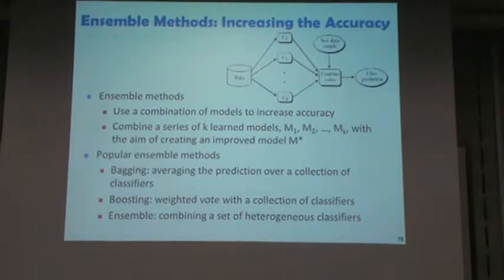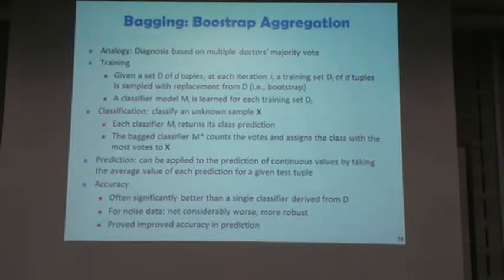Then, is there any way to improve the accuracy of such a classification algorithm? There are different ways. The most popular one is the ensemble approach. Before that, bagging: I think this analogy is a better way to understand the bagging algorithm. When you are sick, you can go to doctor 1, doctor 2, doctor 3.